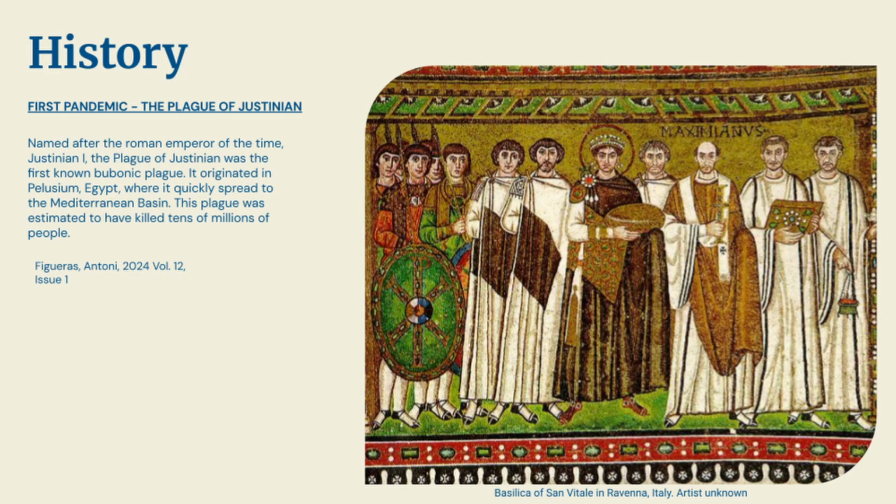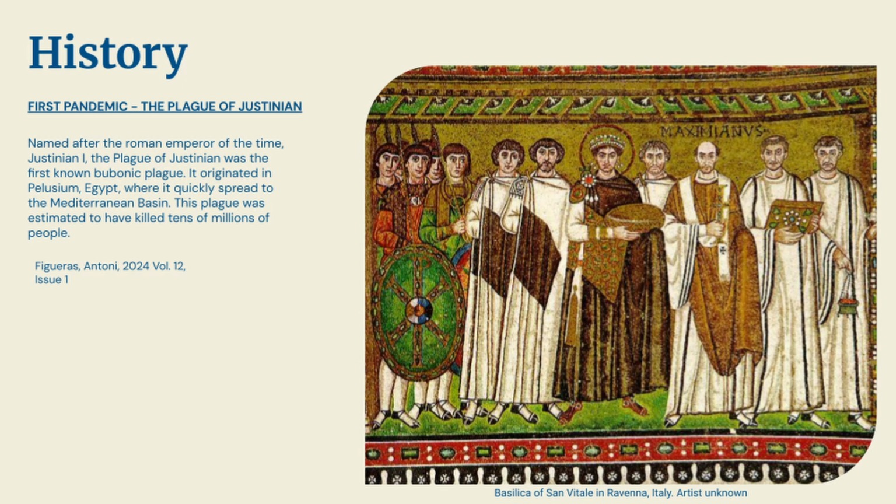All right, so let's talk a little bit about the history of the Yersinia pestis bacteria and its effect on people and our society. The very first pandemic of the bubonic plague was called the Plague of Justinian, which was named after the Roman emperor of the time.